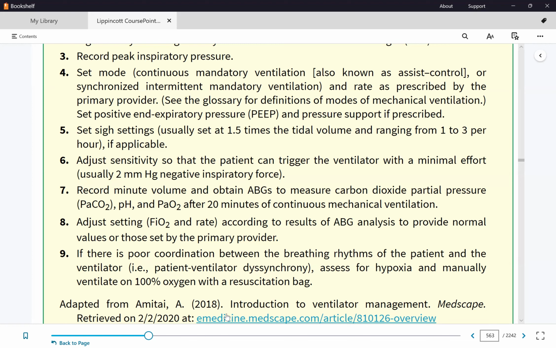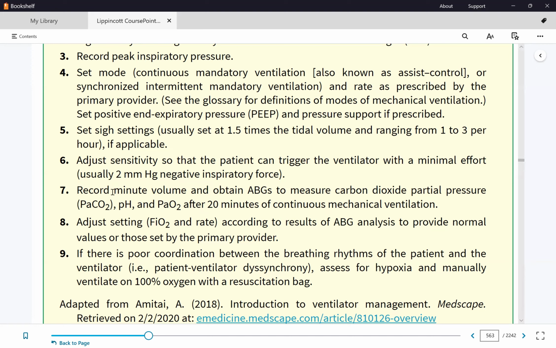Okay, so if the pressure is set at, let's say, negative 1.5 centimeters of water, it will be sensed by the ventilator. So the ventilator senses the negative pressure like that. So therefore, what will the vent do? Oh, you're trying to get a breath. Here you go. Okay, does that make sense? Okay, so that's a trigger. All right. You'll understand this setting later when we get to the modes. But this is what a trigger means, meaning this tells the ventilator when to give a breath.